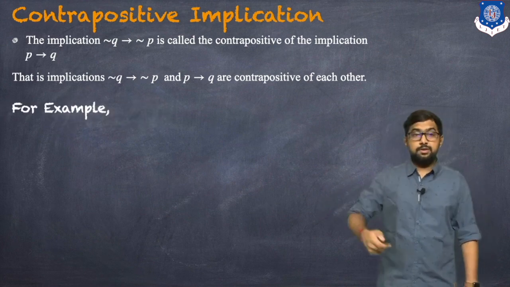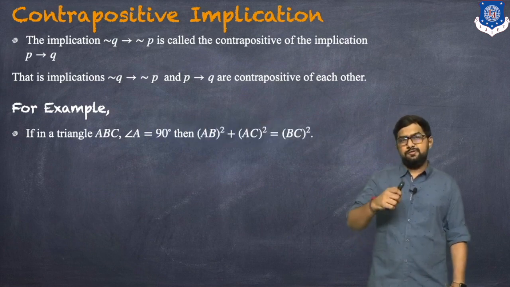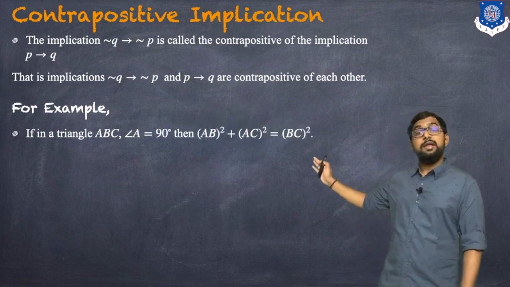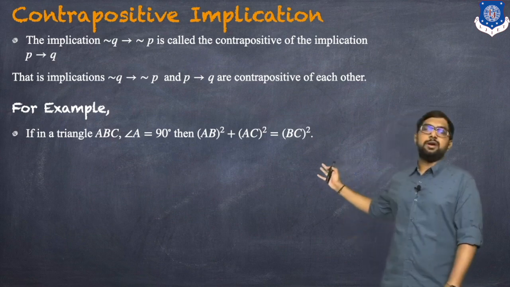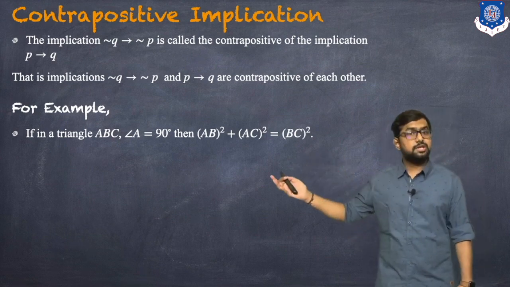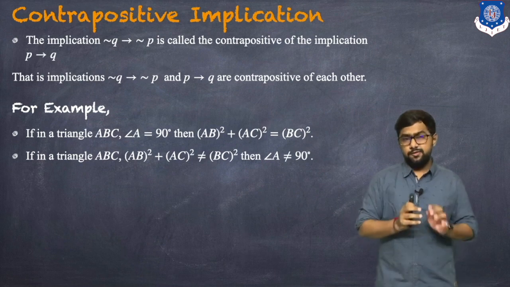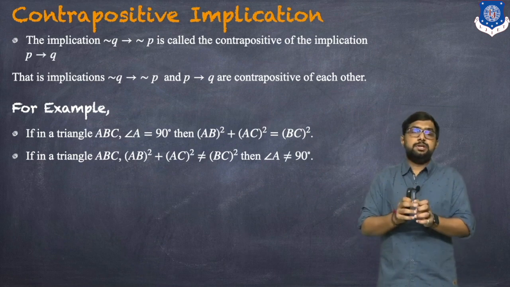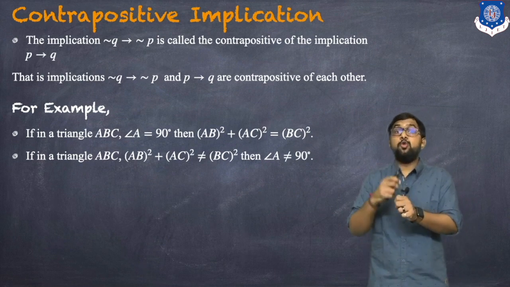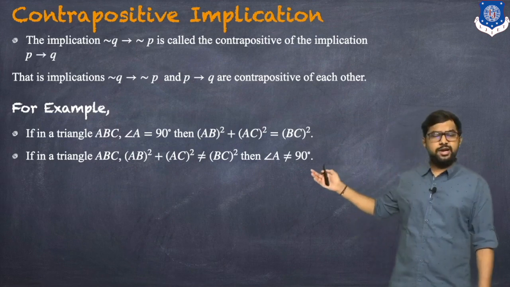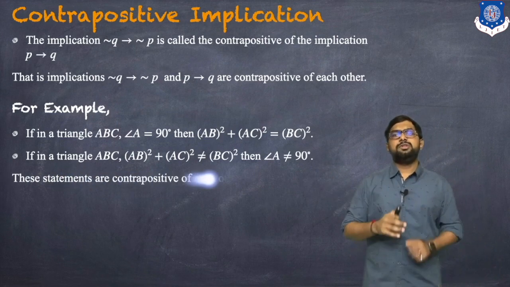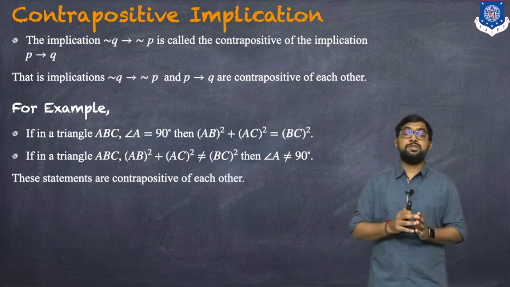For example, if in a triangle ABC, angle A equals 90, then AB square plus AC square equals BC square, and that is the Pythagoras theorem. Let's consider the second statement: if in a triangle ABC, AB square plus AC square not equals BC square, then angle A not equals 90 degree. So these two statements are contrapositive of each other.